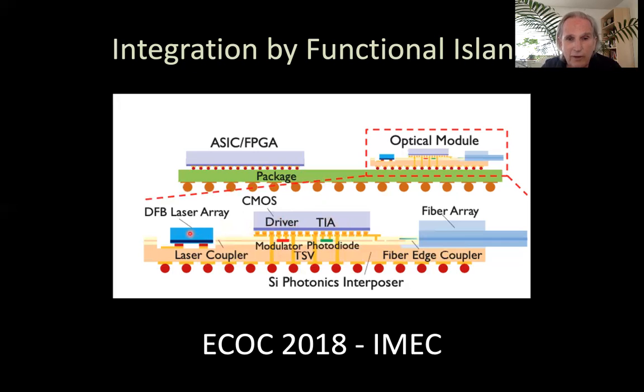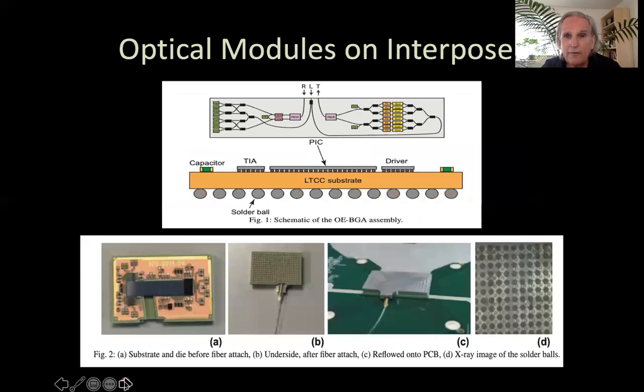So we have lasers over here, DFB lasers that are indium phosphide. We're going to have silicon photonics with modulators, photodetectors, and waveguides. And we're going to have fibers, and those fibers are going to take the light away, driven by CMOS. So this is a picture of what things look like.